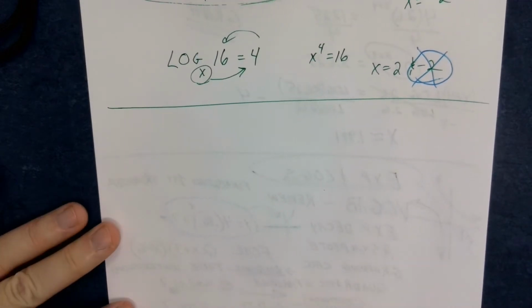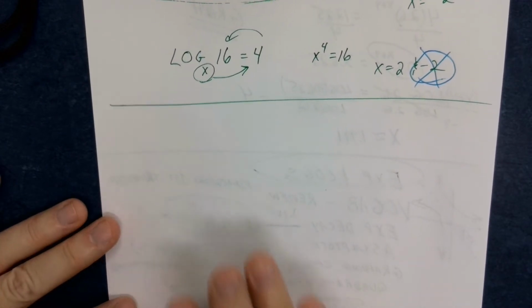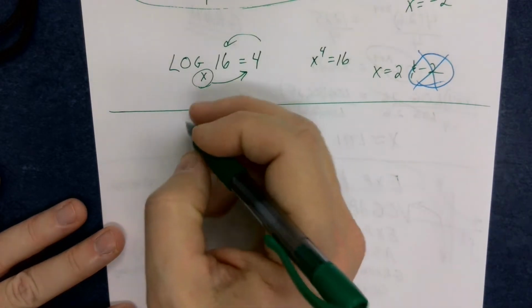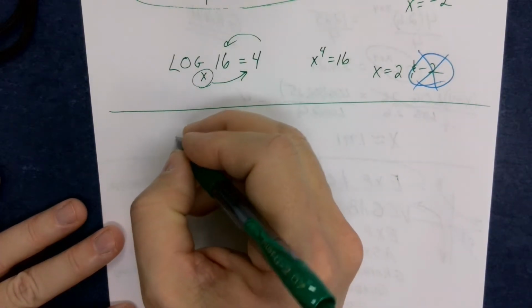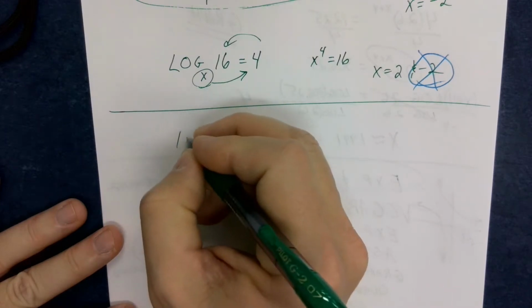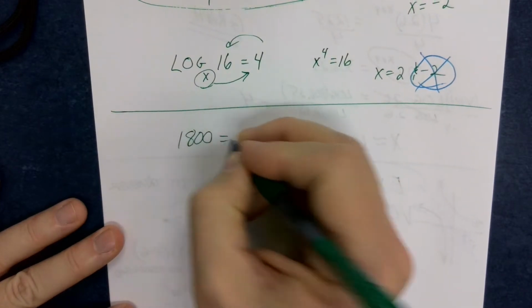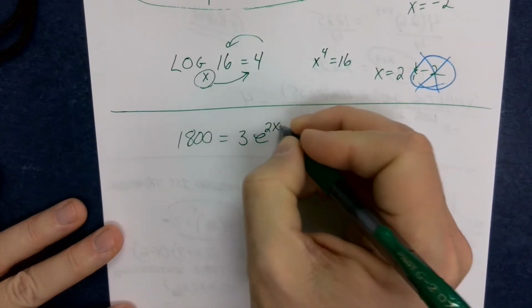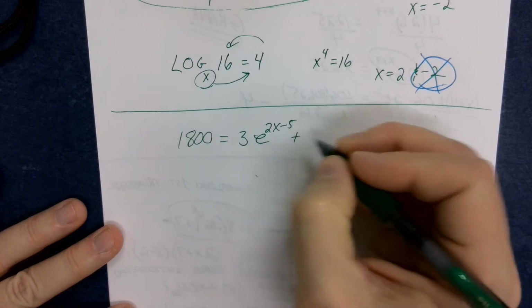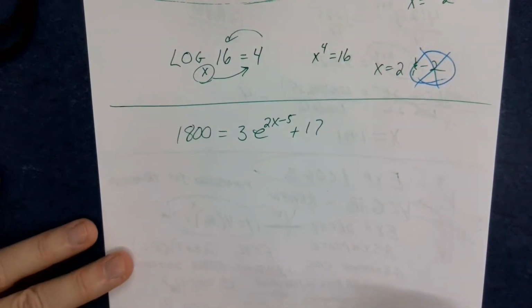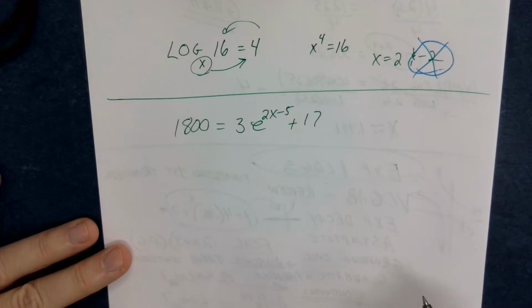Okay. We did the big one just a few minutes ago, but know that you need to be able to do something like this too. Let's go 1800 equals 3e to the 2x minus 5 plus 17.